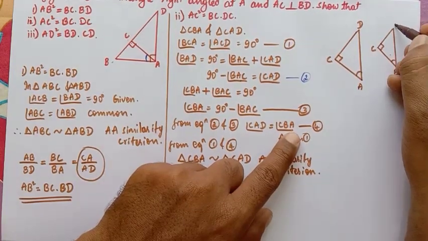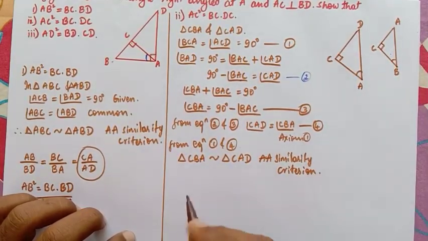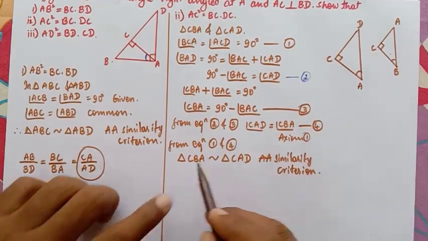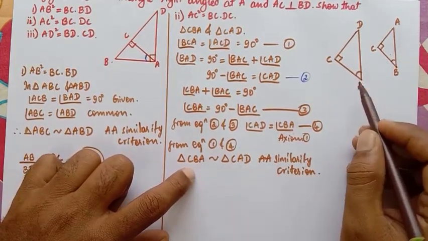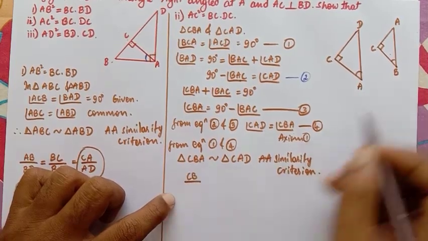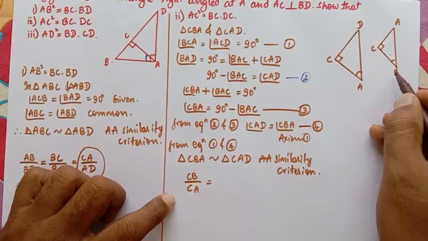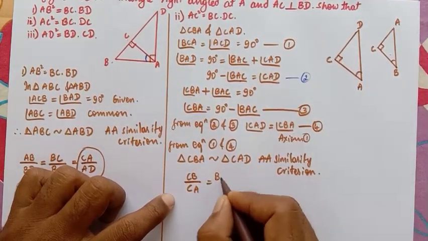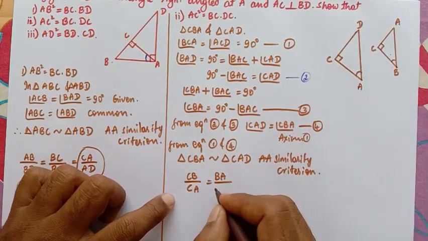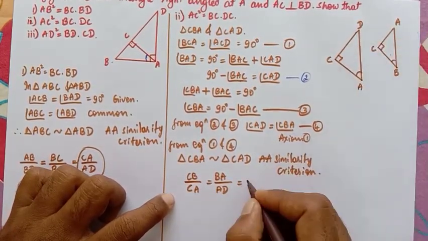This one is A. So it is very easy for us to write the corresponding sides. First one we have taken CBA, so I will write CB first. CB by the corresponding side CA, which is equal to BA by the corresponding side AD, and likewise we can write CD here.